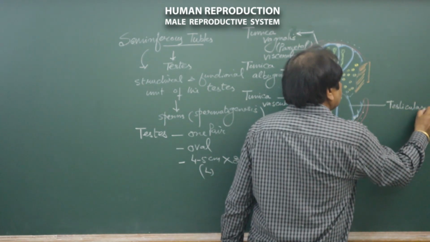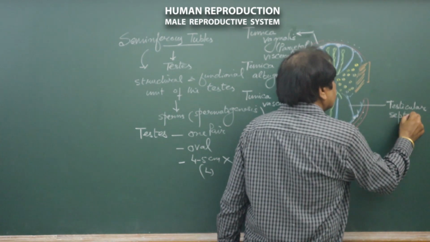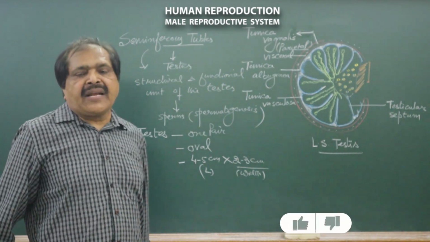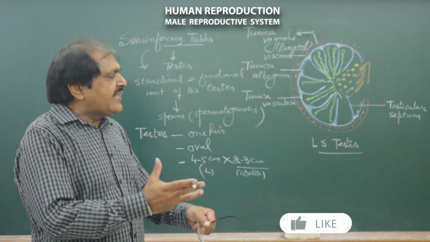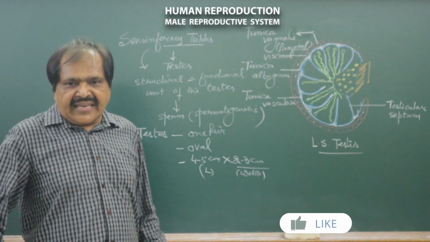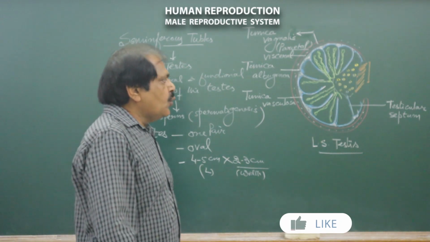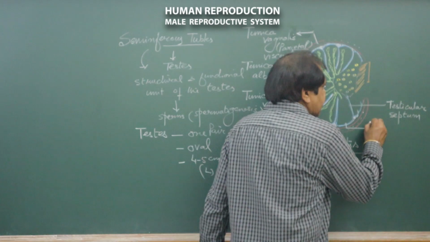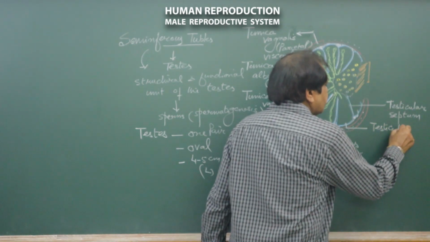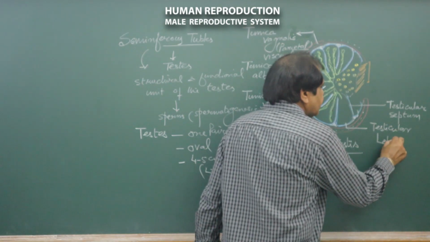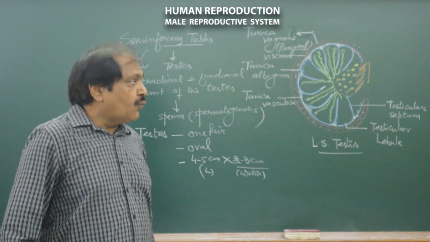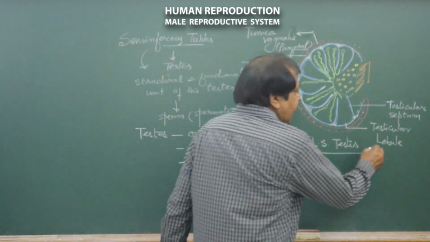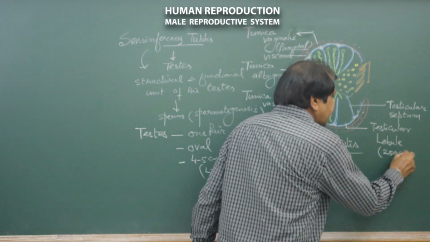Testicular septum, or testicular septa. These testicular septa divide the lumen of the testis, or cavity of the testis, into about 250 compartments, and these are known as testicular lobules. One is called testicular lobule, and all collectively they are called lobules. They are about 250 in number.